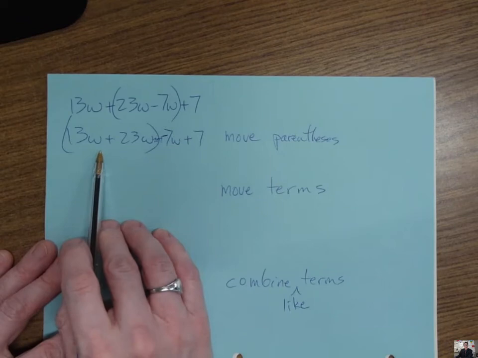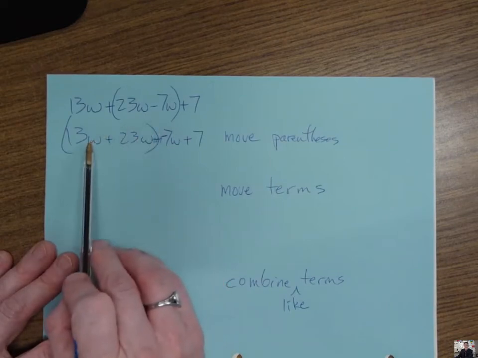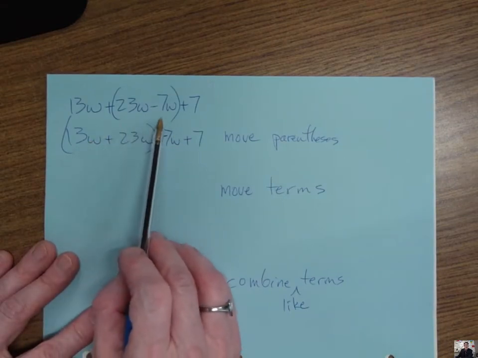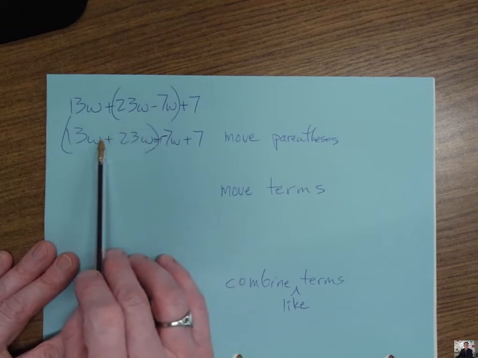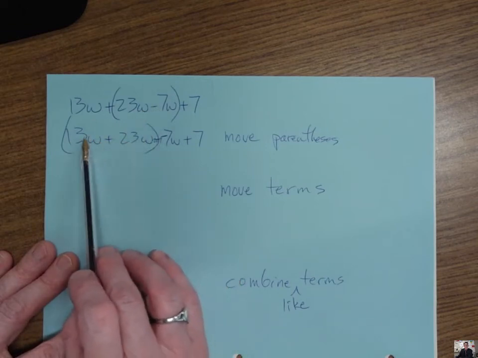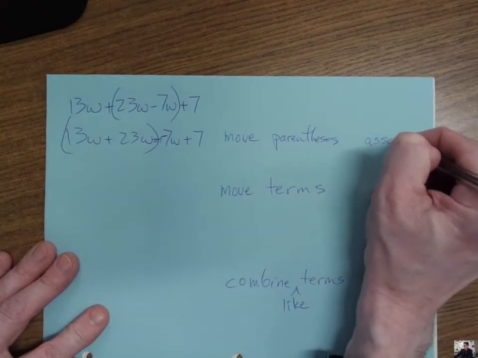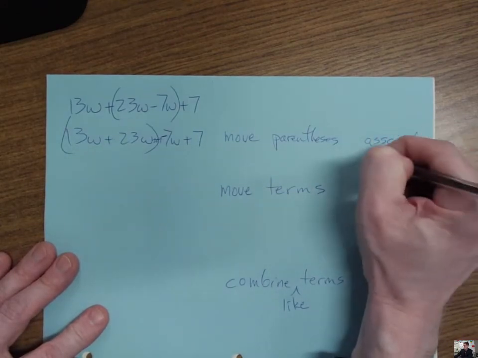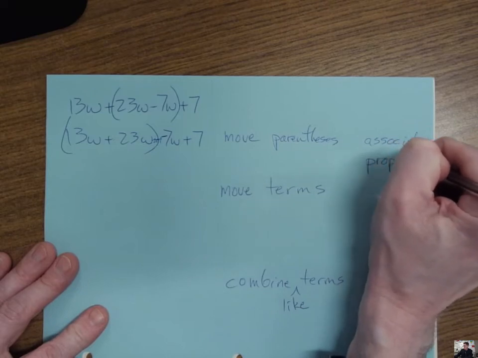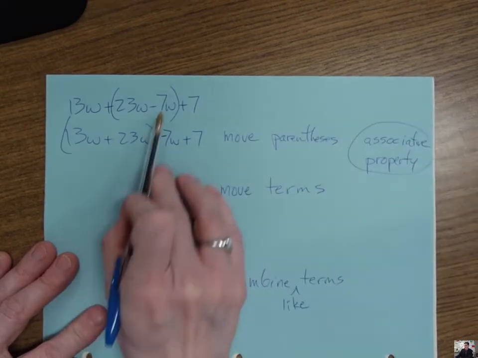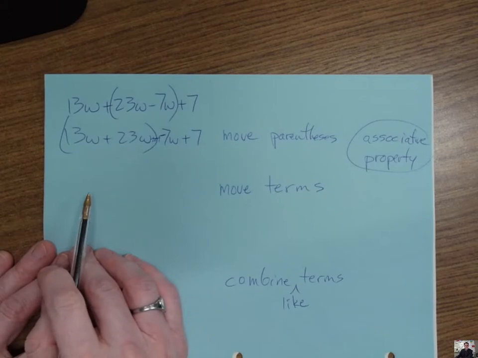And you're thinking, well, why would we do that? Well, because PEMDAS says we do parentheses first. And let's say I wanted to do something with these first. Well, we can move parentheses around. It's called the associative property. You can move around which ones you add together first.